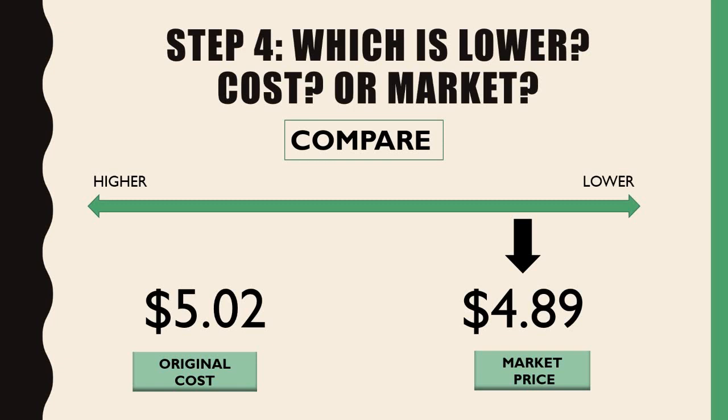In this case, $4.89 is definitely lower than $5.02. So therefore, your market is going to be lower than your original cost. That means I must adjust my inventory by, I think that's 12 cents. I have to adjust my inventory by 12 cents.